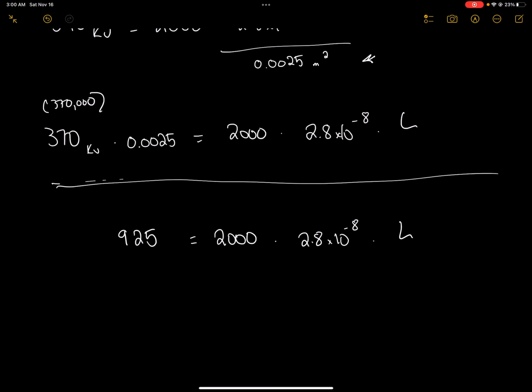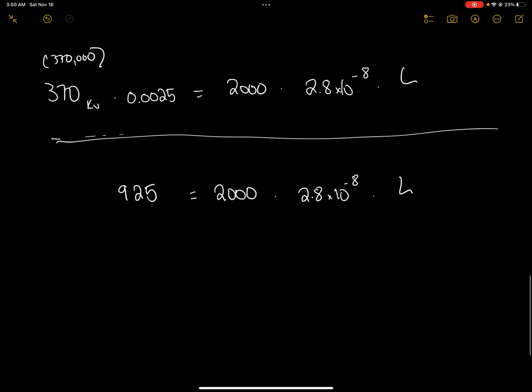And now we have to isolate this length yet again.